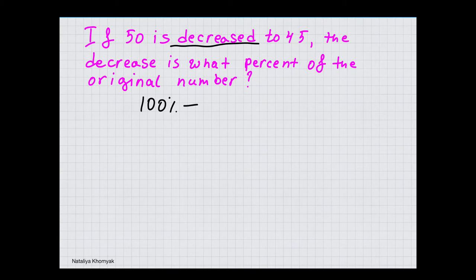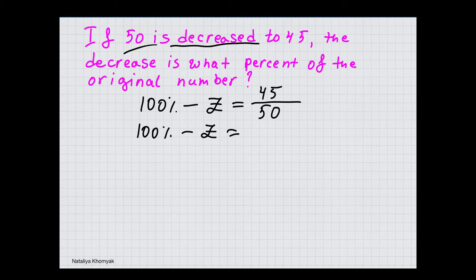We don't know what it's being decreased by, so let's give it variable z, equal to the new percentage of the number, which we can calculate by taking the new value, which is 45, divided by the original number, which is 50. So we have 100% minus z equals 0.9.